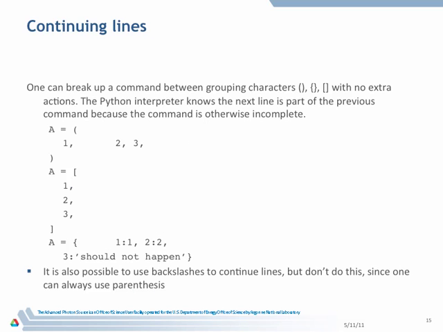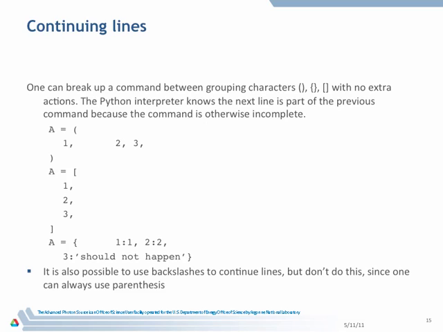Okay, what if what you want to do doesn't fit on a line? Well, it turns out that that's something that happens all the time. There is a way that you can use a backslash to indicate this is the end of a line and just continue what you want. But the easiest way, almost always, is to stick in some parentheses or any other symbol that opens a list definition.